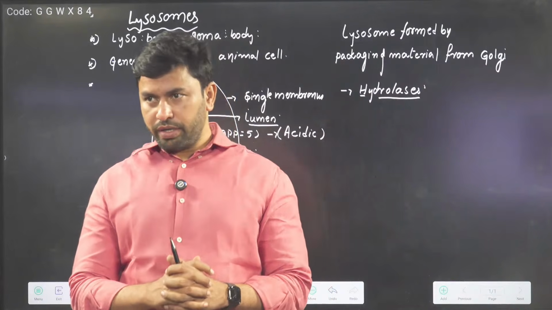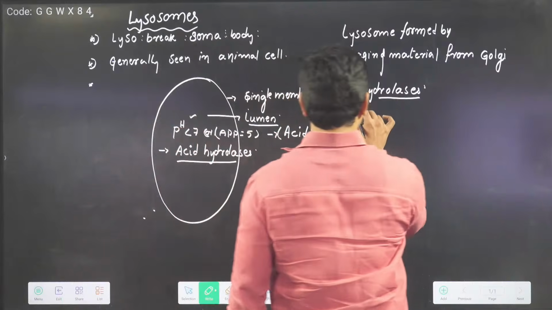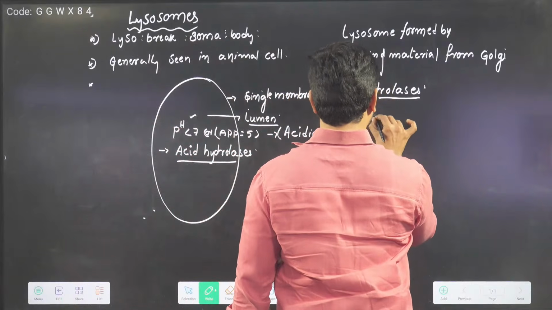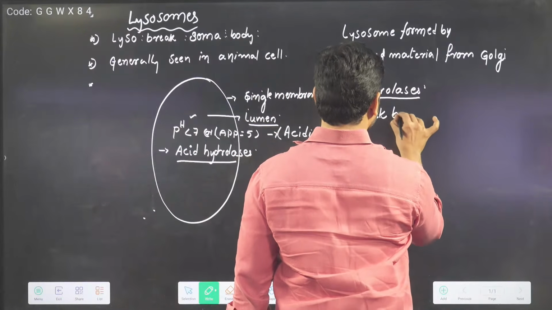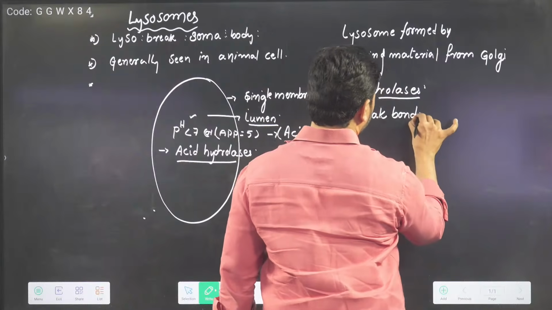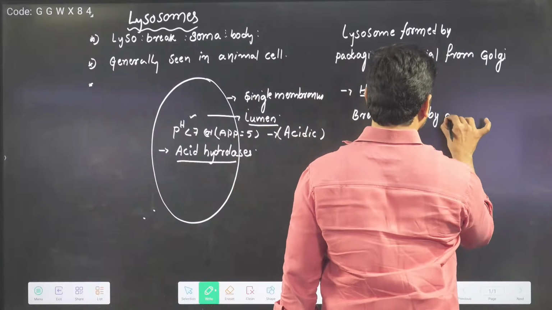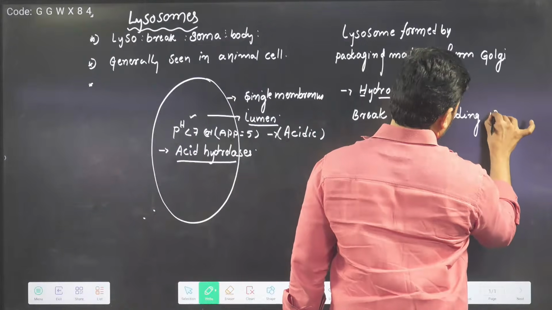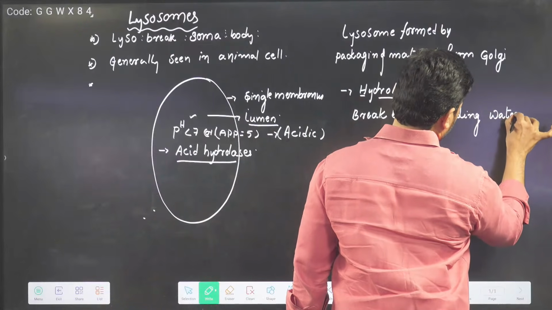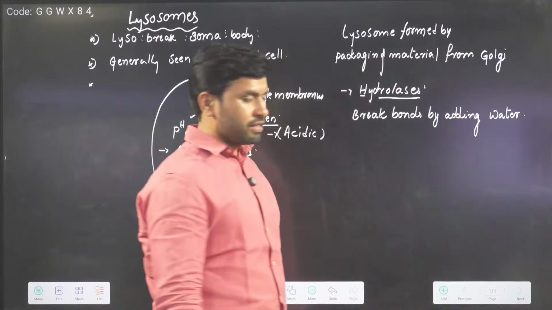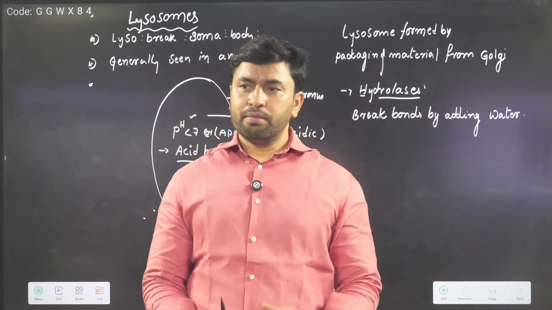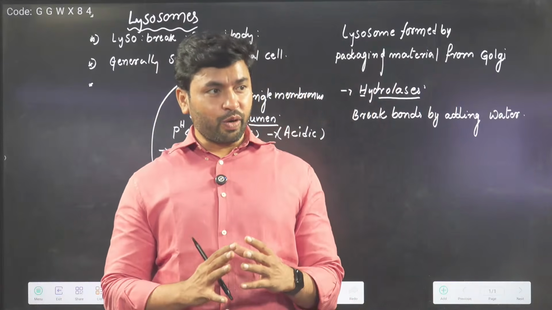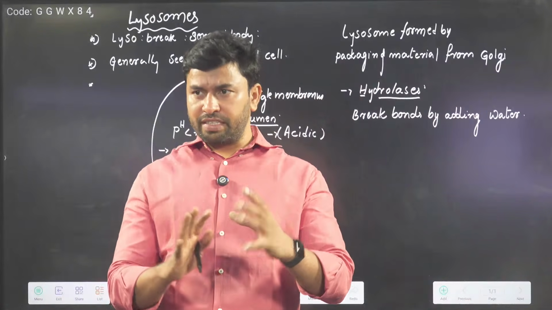What do they actually do? They break chemical bonds by adding water. They add just water and break chemical bonds. Such kinds of enzymes belong to a class called hydrolases, which is the third class of enzymes.